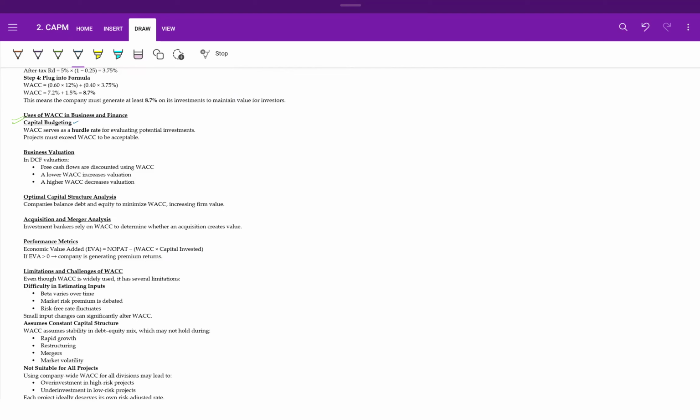Hurdle rate here means a specific rate above which the expected return of the project must lie. If the expected return is above our hurdle rate, the weighted average cost of capital, we are going to accept the project.